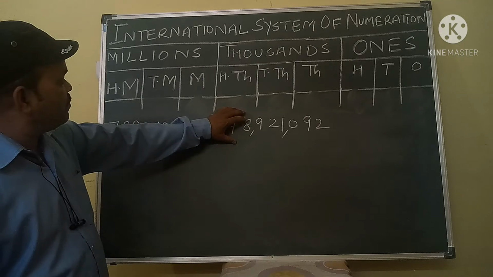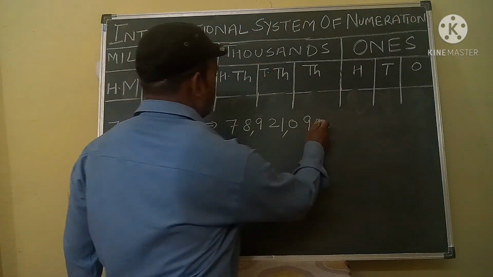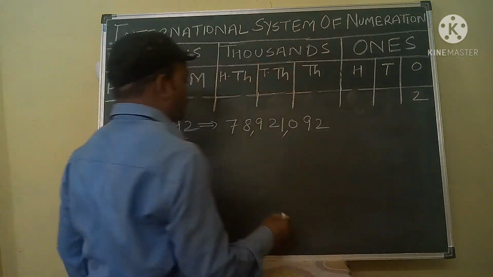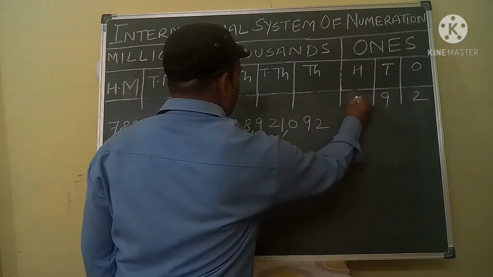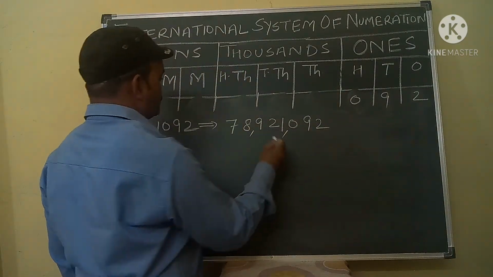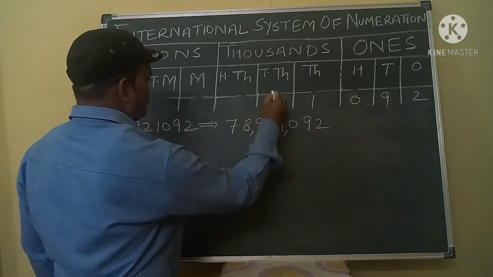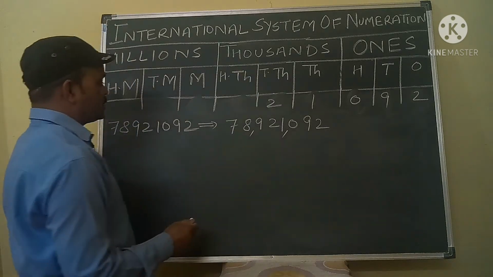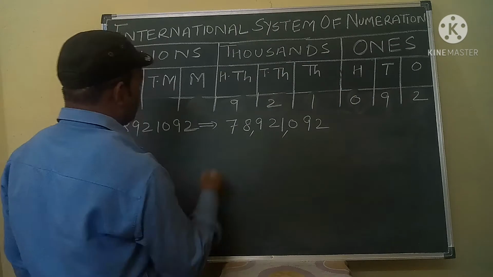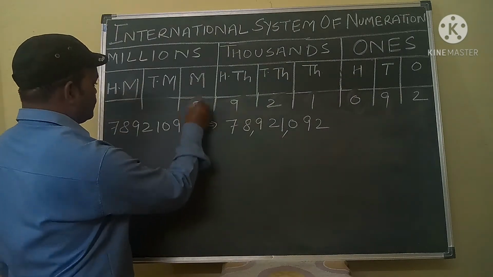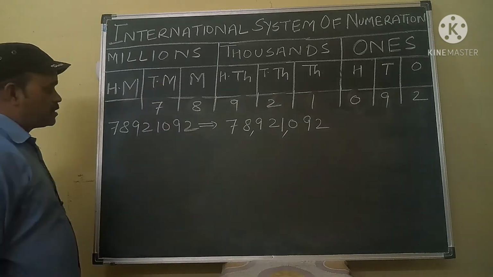Now this number we will arrange in the given table. Now look here, 2 is in ones place, 9 is in tens place, 0 is in hundreds place, 1 is in thousands place, 2 is in 10,000 place, 9 is in 100,000 place, 8 is in millions place, and 7 is in 10 million place.